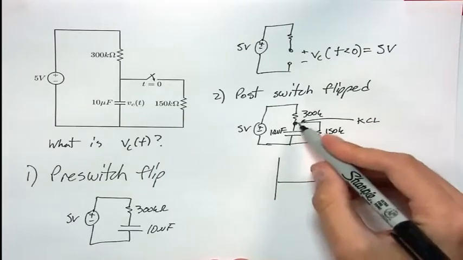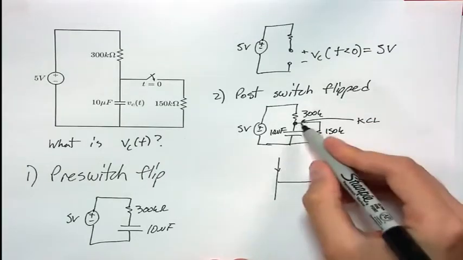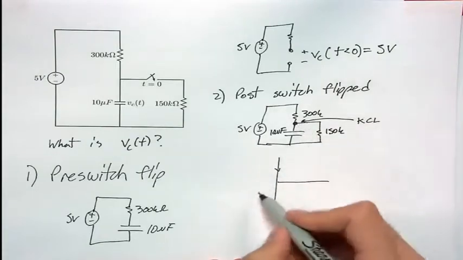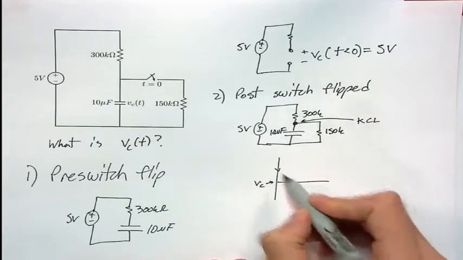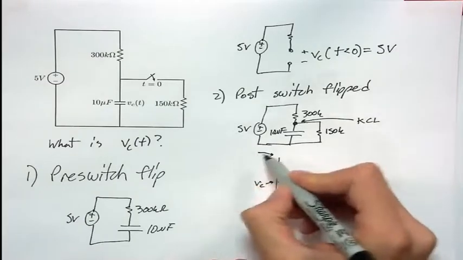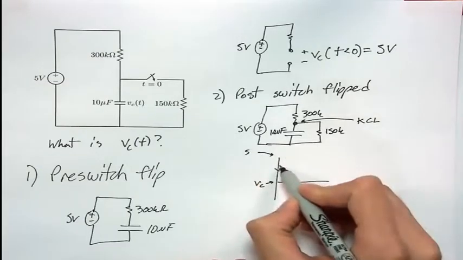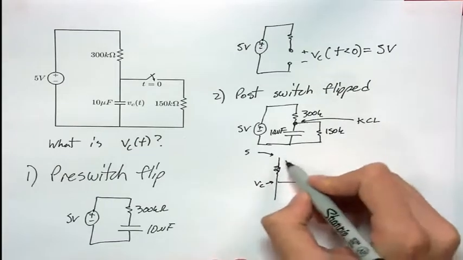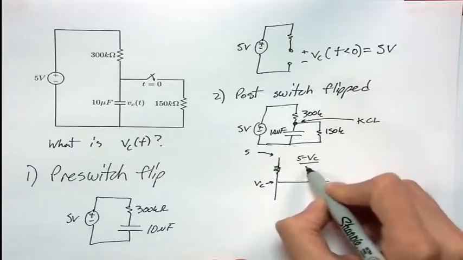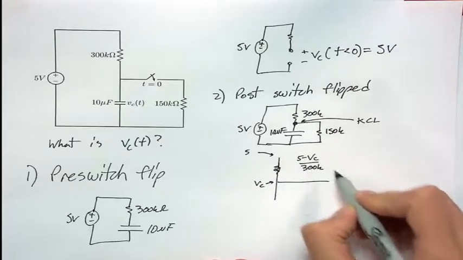If we blow up this node here, we know that the voltage at this node is Vc, and the voltage at this top node is 5, and then we have our resistor in the middle. So the current through this resistor is (5 minus Vc) over 300K.